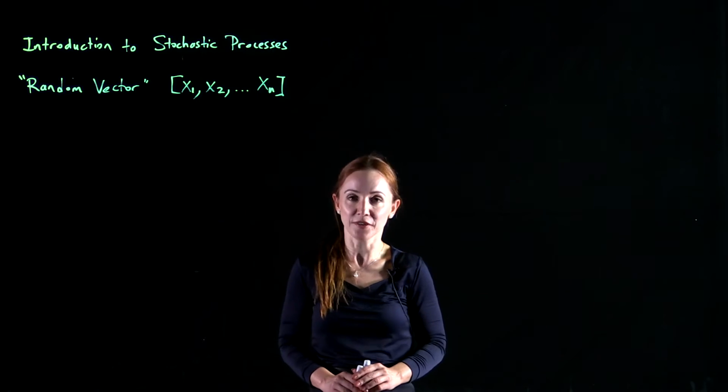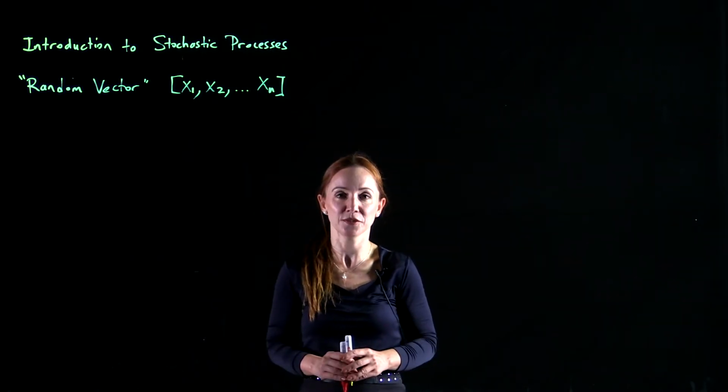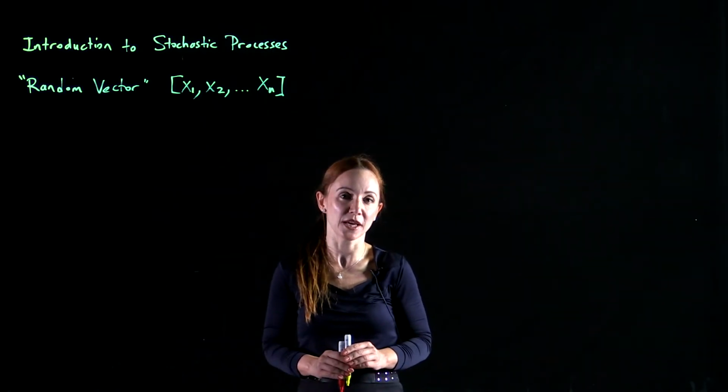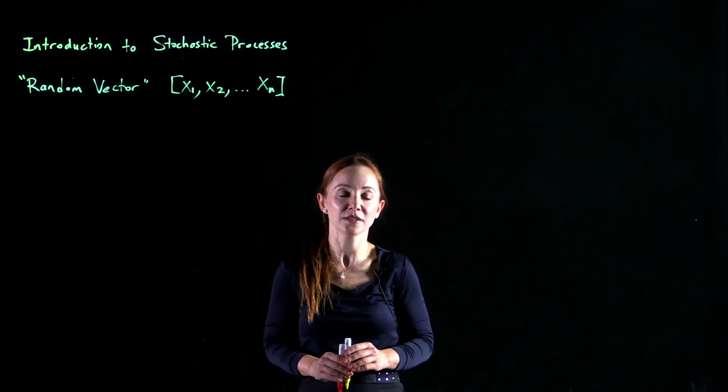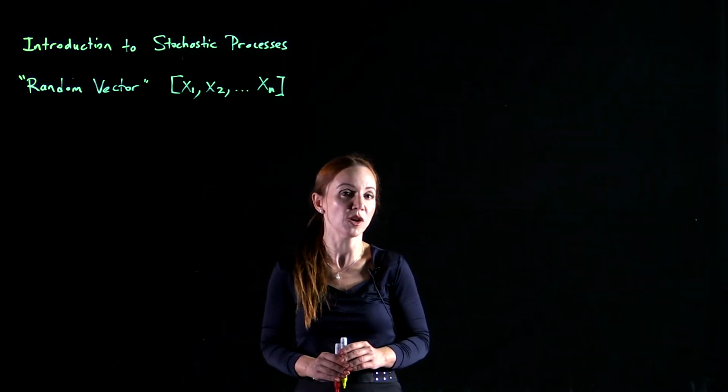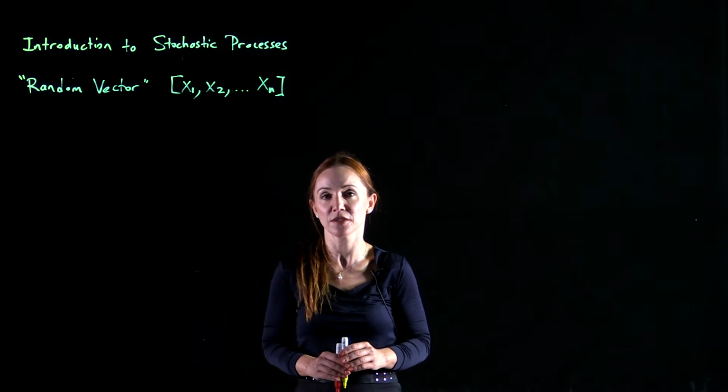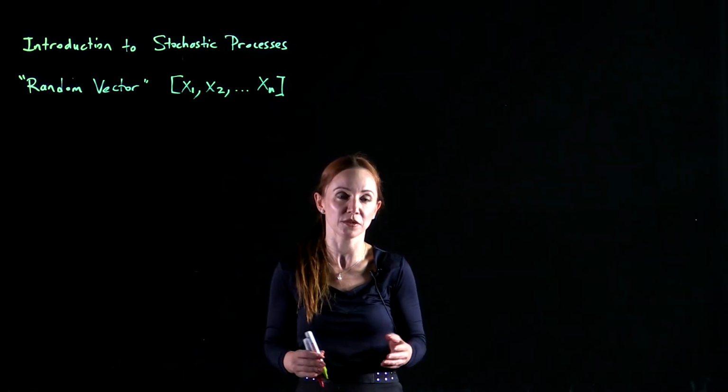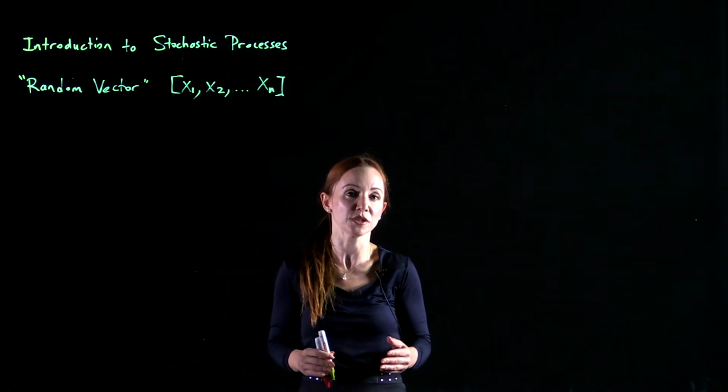Often we define a number of random variables on the same probability space, and we want to know certain things about their distribution together. In other words, their joint distribution.